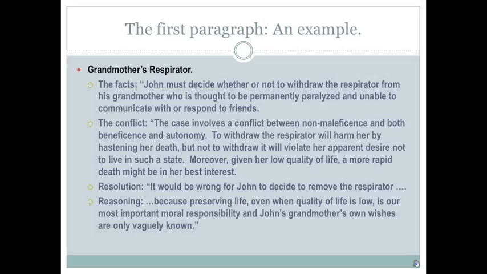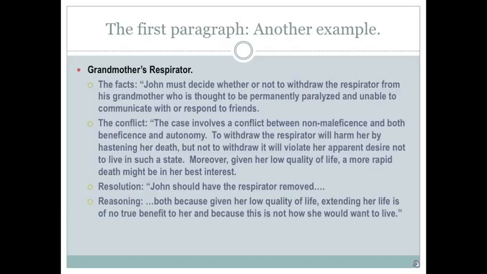Indeed, let me offer you an example of what the first paragraph would look like with a different resolution of the case. Notice the facts here are the same. The description of the conflict is the same. But here the resolution is different. John should have the respirator removed, both because, given her low quality of life, extending her life is of no true benefit to her, and because this is not how she would want to live.